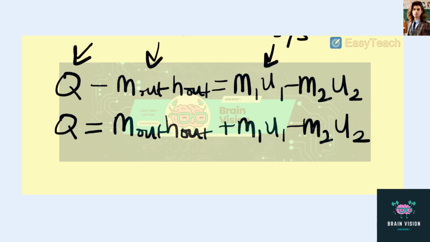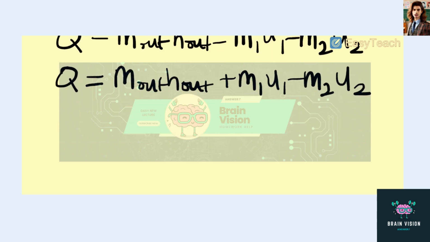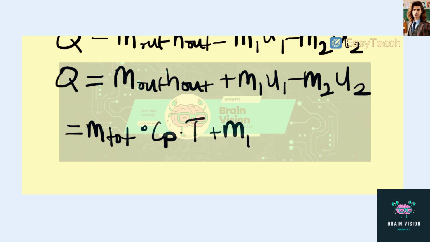Now you'll see that we actually have all of these quantities. M out is just the total mass that we solved for that is leaving these tanks, so that'll be M total. H out we can rewrite in terms of temperature and our specific heat capacity with respect to pressure, so that's Cp times T. Plus M1, which we solved for using the ideal gas law.